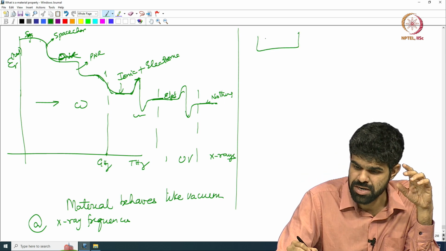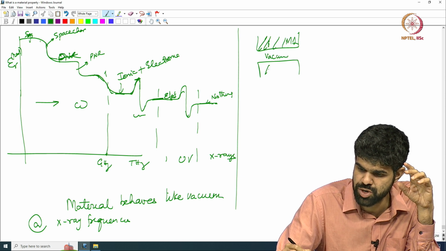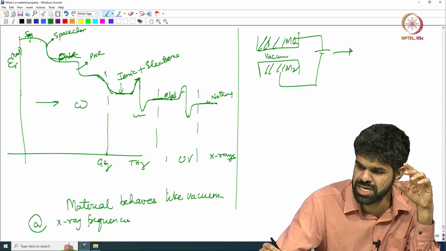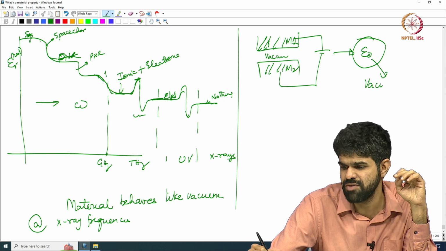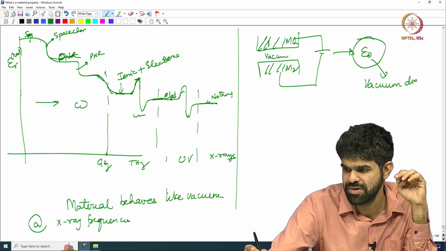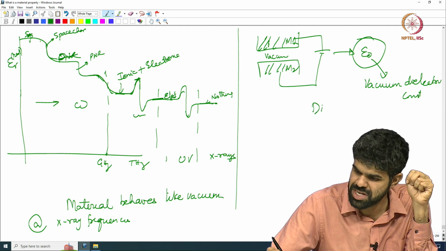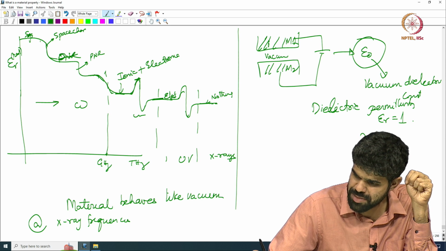So if I have a capacitor, and this is just vacuum, these are parallel plates, this is metal 1, this is metal 2, and I apply an electric field, what I end up measuring is epsilon naught. So this is the vacuum dielectric permittivity, which is epsilon r equal to 1, or susceptibility equal to 0, right.